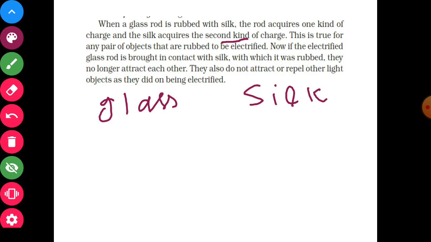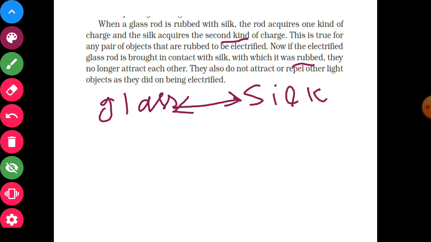Now, if the electrified glass rod is brought in contact with the silk for a while, if both the objects, glass and silk, are kept in contact, what will happen? If the electrified glass rod is brought in contact with the silk with which it was rubbed, they no longer attract each other.